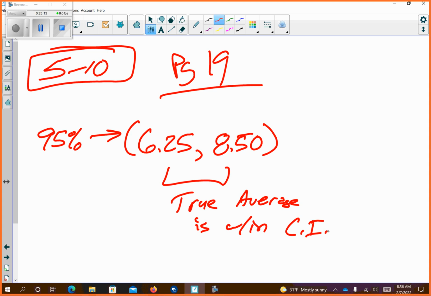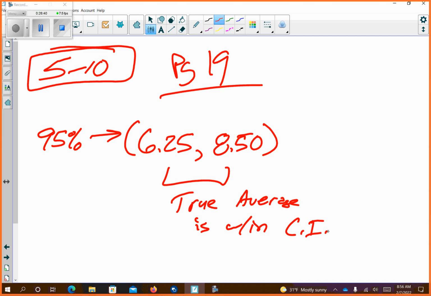Now, some people say the true average is halfway in between the two. Careful with that. What the 95% confidence interval means is that I'm 95% confident that if I keep selecting information, my average will somewhere fall between those numbers. It doesn't have to be directly in the middle, but I'm 95% confident.